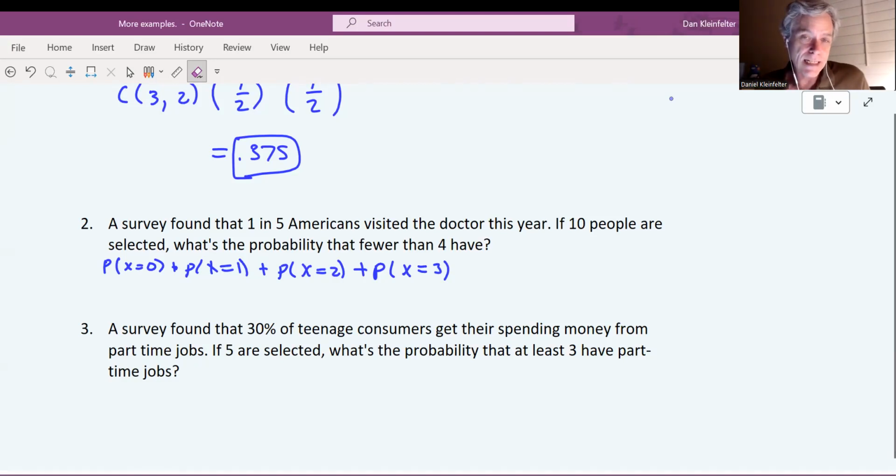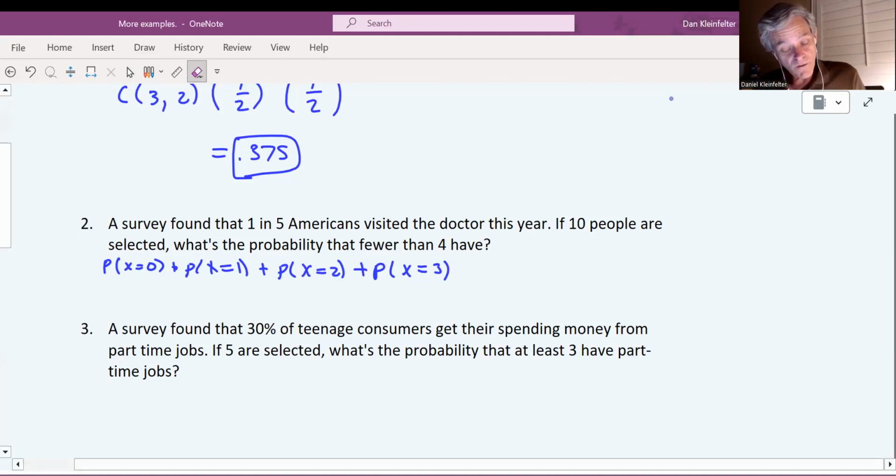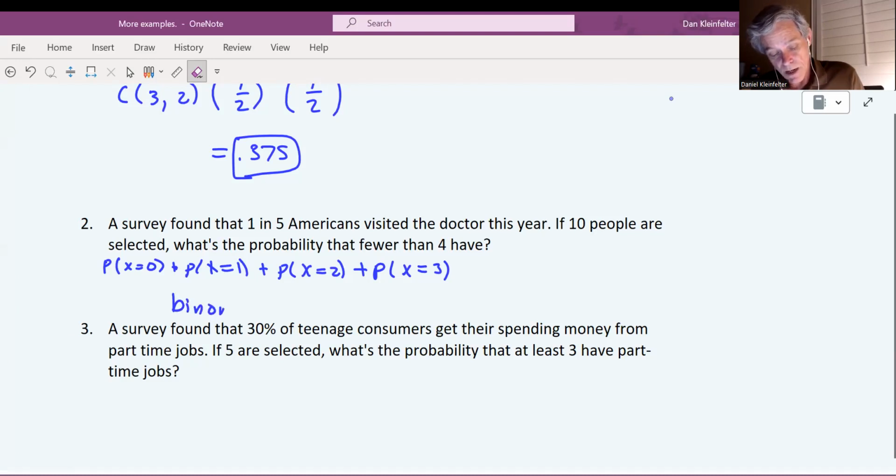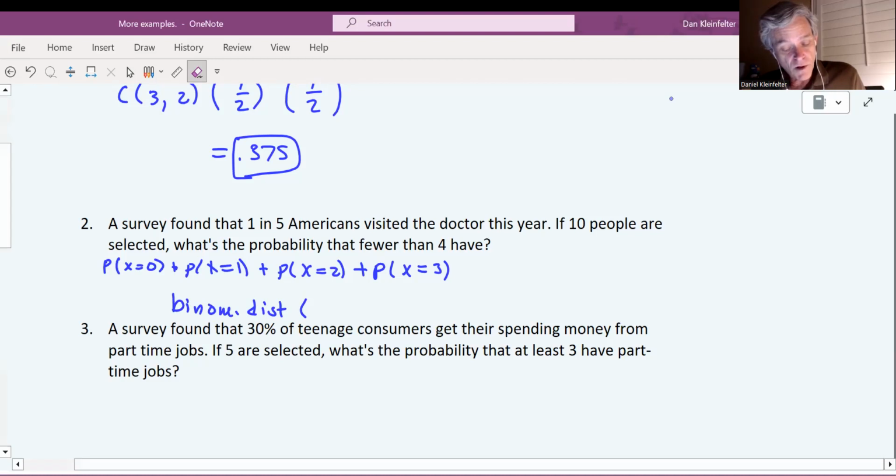So we could use the formula 4 times, or this would be a good opportunity for us to try Excel's cumulative function. If we're looking for fewer than 4, that would be less than or equal to 3. So we would try Excel's binomial dist formula. We're looking for 3 at most out of 10 total trials.